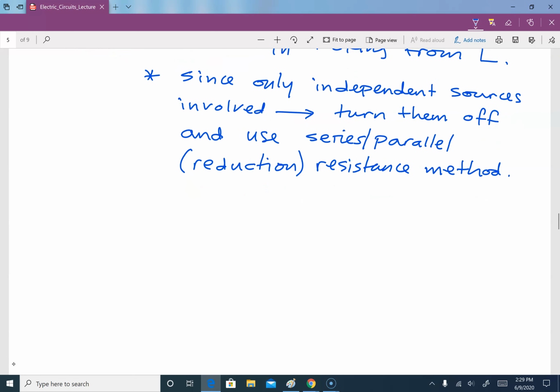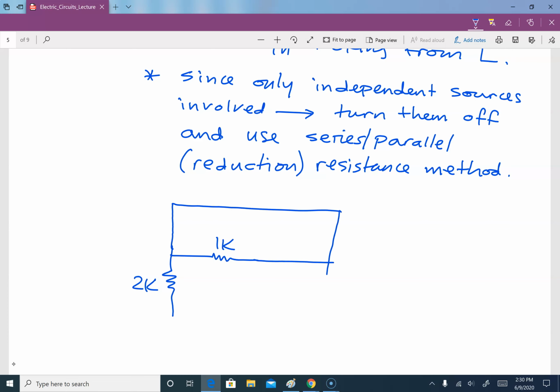So we are gonna redraw the circuit here. I have 2K, 1K. This is a voltage source, we will short it. This is 2K. This is where our inductor was, right?